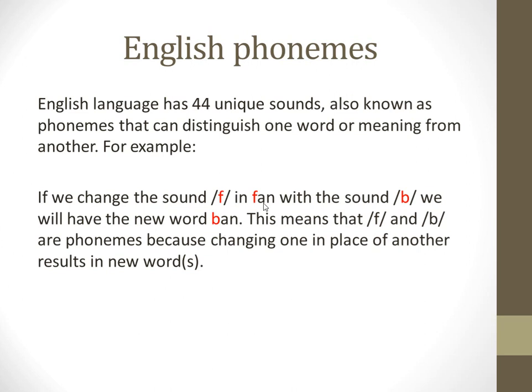So the difference between the word fan and the word ban is the replacement of the sound "f" with the sound "b". Since we can have a new word by changing one sound, these sounds are called phonemes. So the phoneme is the smallest phonetic form that can change the meaning of the word.